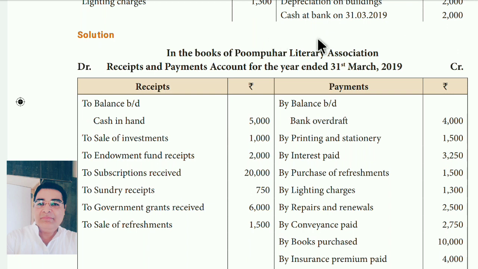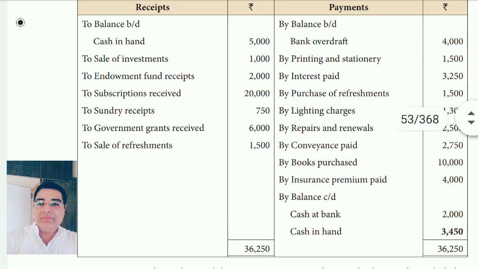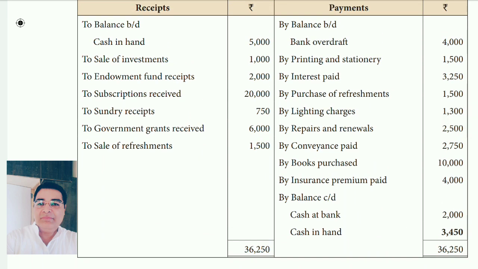This is closing cash. So see here, cash at bank rupees 2000. Now what you have to do? The same thing you have to write. You have to add all the totals: 36,250. On the same side you have to write the total 36,250. 36,250 minus all this total, you will get 3,450.